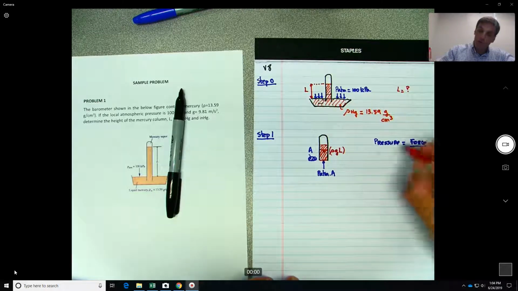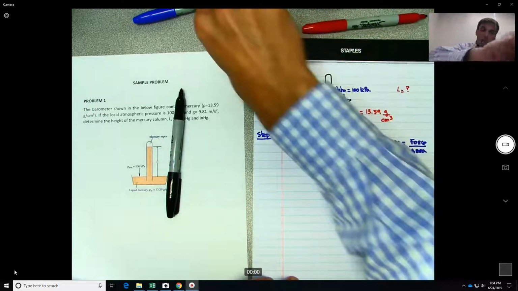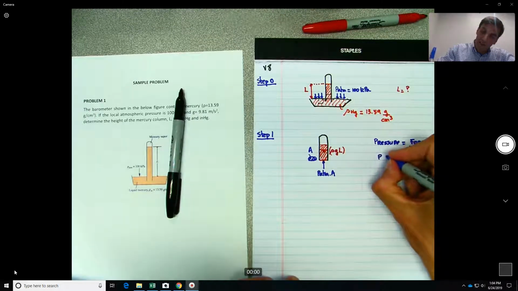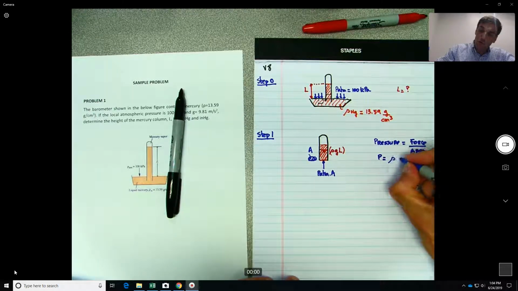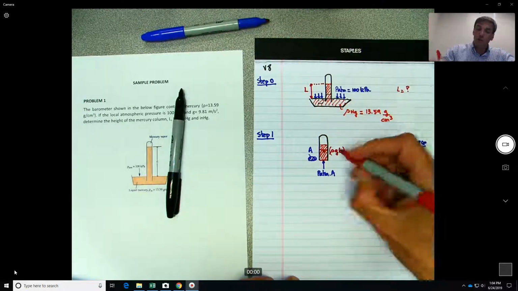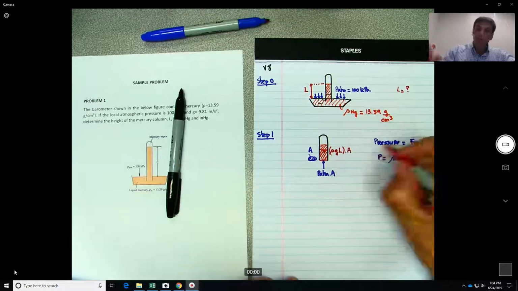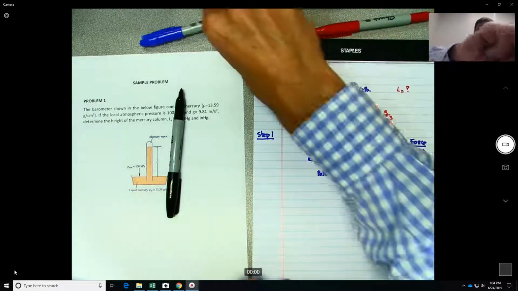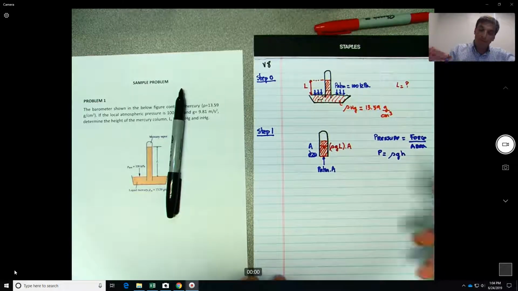If you remember, one of the fundamental equations of this chapter is pressure equals rho gh. In this case, h equals L. Okay? So again, the force would be times A. Okay? So it will be the figure I would do to solve the problem.